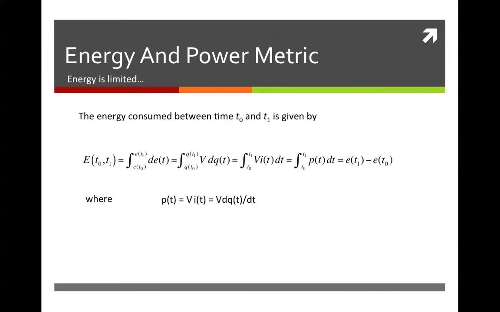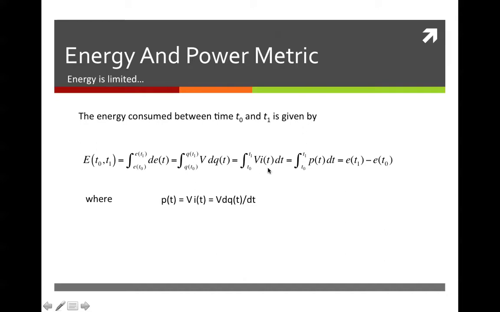Now the energy consumed between time t0 and t1 will be given by dE(t), where E(t) goes from E(t0) to E(t1). Then we can replace this by V dQ(t), with the boundaries Q(t0) and Q(t1).